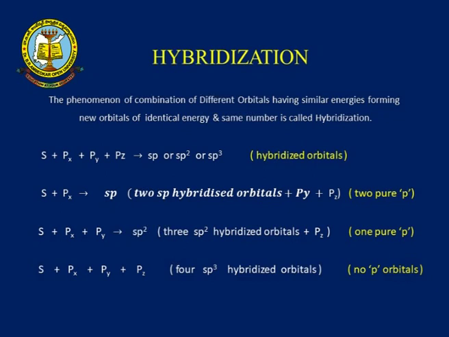And the last one is the Sp3, where 1 S and 3 P's are combining, total 4 are combining, producing 4 new hybridized orbitals having identical energy. All the 4 are having identical energy, and here no P orbital is left. All the P orbitals are being utilized in the hybridization.